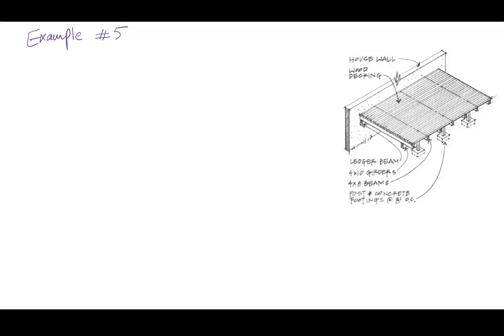In example number 5, we started again by calculating live load and dead load, and then we multiplied that number by the tributary width of load on an interior beam, and then we did the whole thing for an exterior beam. So here also the load path was from area to beam to girder to posts.